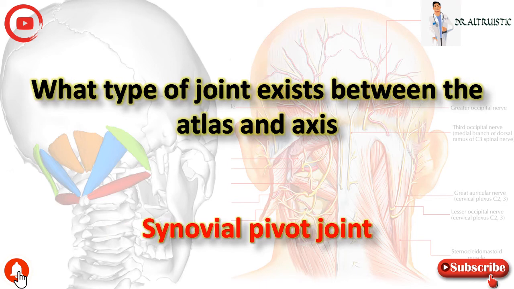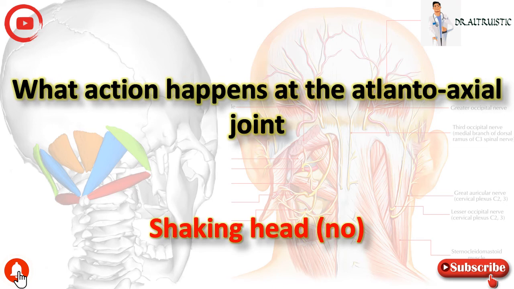What type of joint exists between the atlas and axis? Synovial pivot joint. What action happens at the atlantoaxial joint? Shaking head, no.